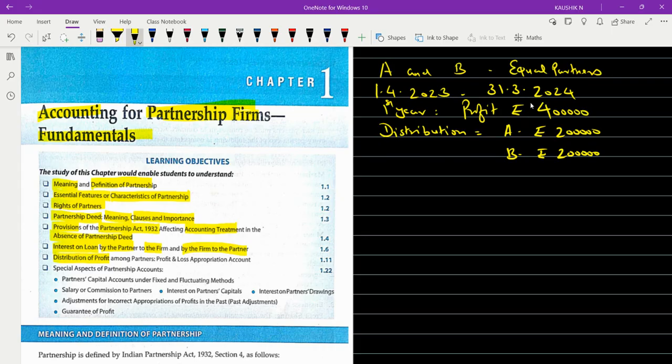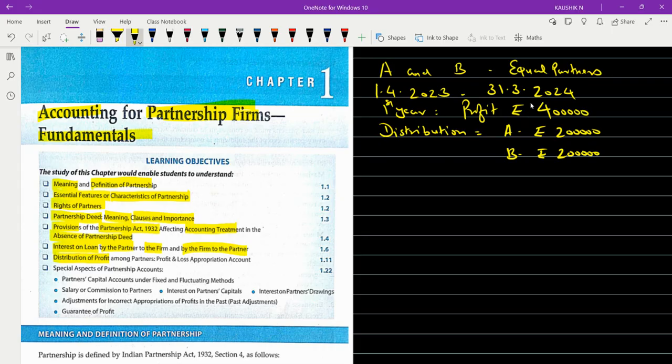And in this unit alone, that is in partnership accounting, you will come across one additional step before preparing your balance sheet, that is something called preparation of profit and loss appropriation account. I repeat it.